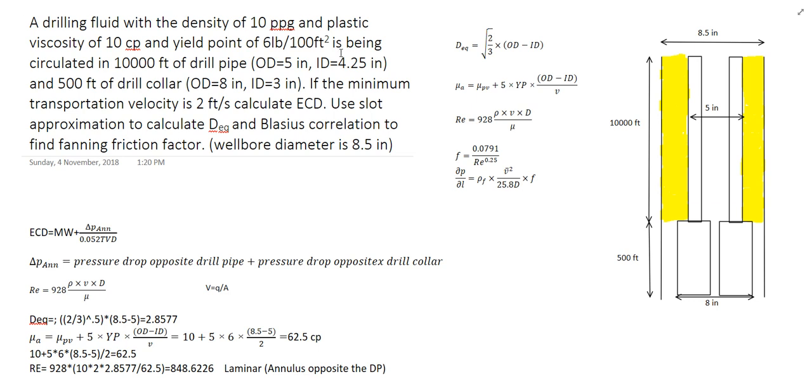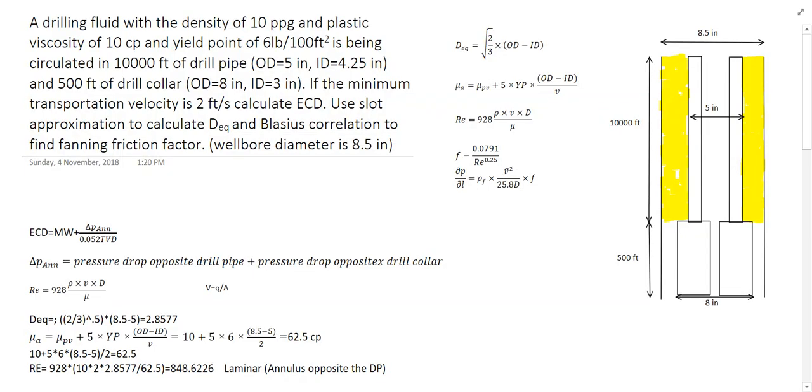When it says that the minimum transportation velocity is 2 feet per second, at which point do we have this 2 feet per second? The point that we have this 2 feet per second is the yellow area because it has the maximum area.